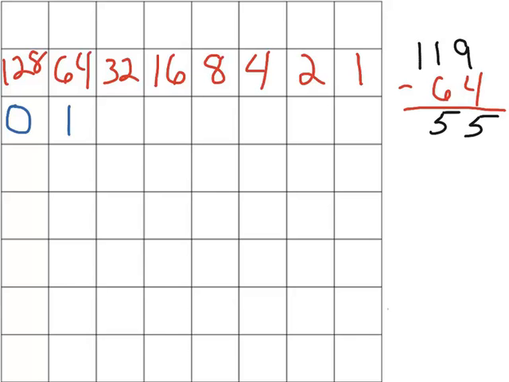And I ask myself again, which one of the red numbers comes closest to 55 without going over it? Well, the best candidate in this case is 32. So I put a 1 underneath the 32, and then I repeat my step. Subtract the 32 from the 55, and I'm left with, let's see, 23, is that correct?